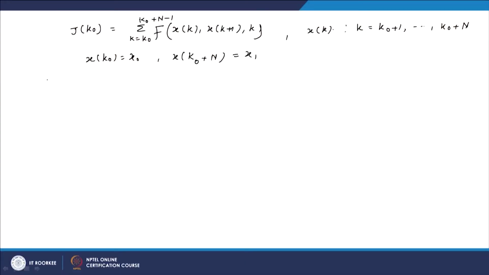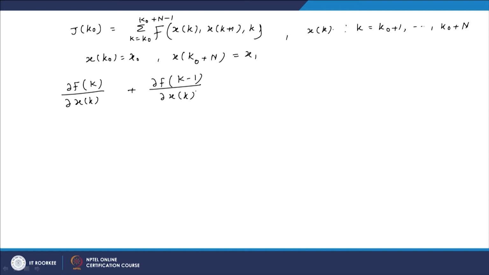Here f is a suitable smooth function. We have seen that the necessary condition for solving this problem is: del f of k by del x of k plus del f of k minus 1 by del x of k equals 0.